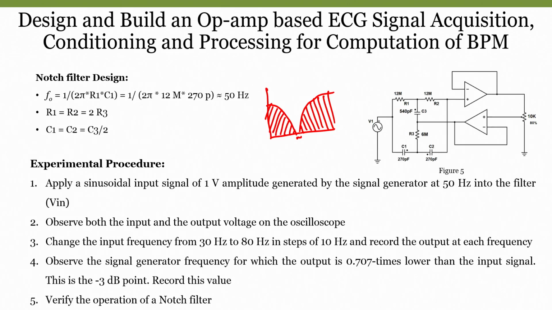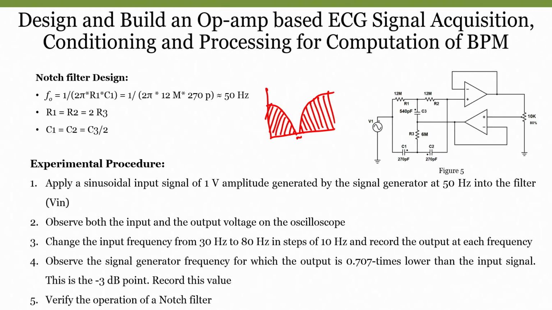That is the reason it is called a notch. That band is not allowed, and all other frequencies are allowed. Not allowed in the sense that it is attenuated. We cannot say completely removed, we can say attenuated.